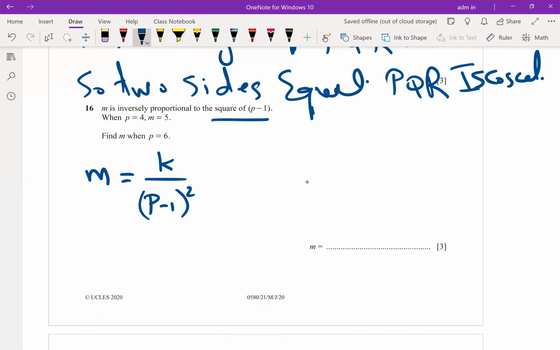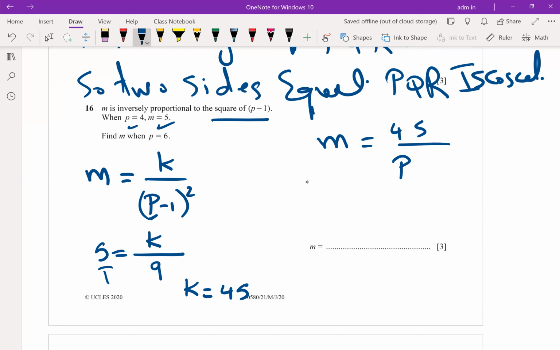M and P are given. M is 5, P is 4: 4 minus 1 is 3, 3 squared is 9. Cross multiplication, so K equals 45. So the equation is M equals 45 over (P minus 1) the whole squared.